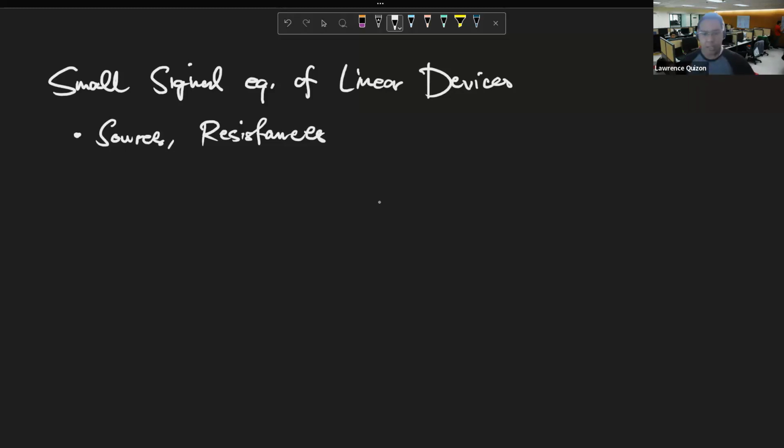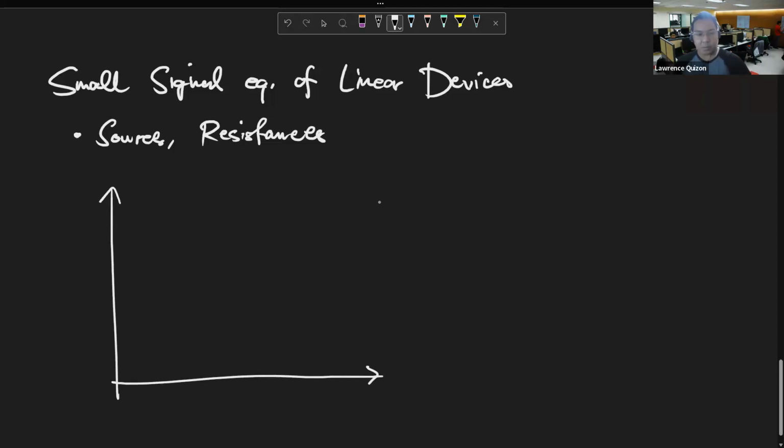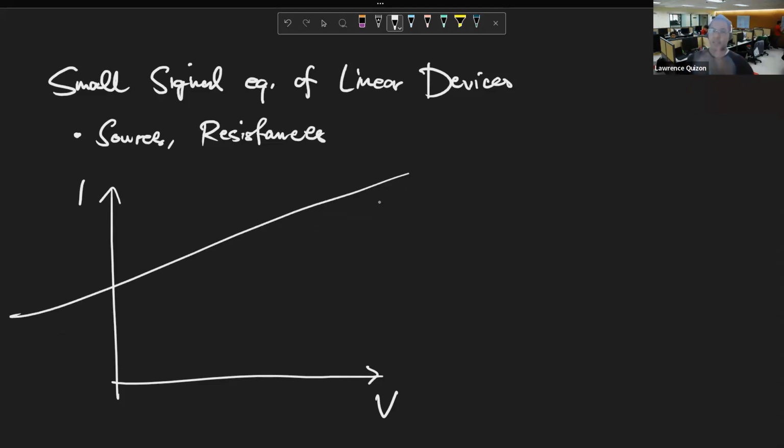For a linear device, linear device means that your IV curve is a line. So it could be like this, could be like this, could be like that, but it's a line. That's your IV curve.